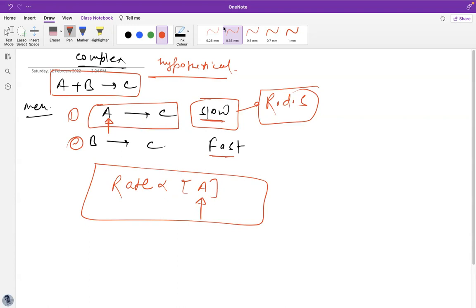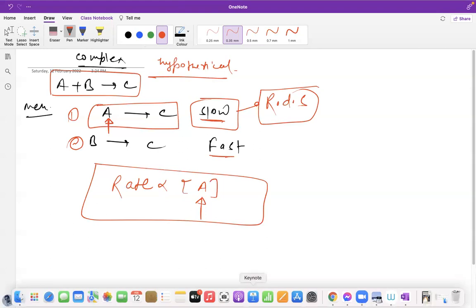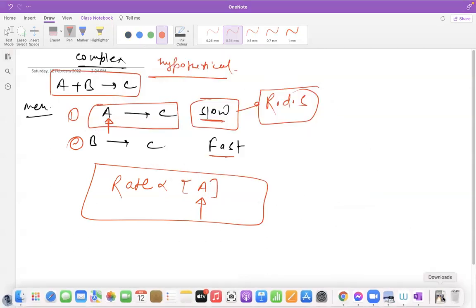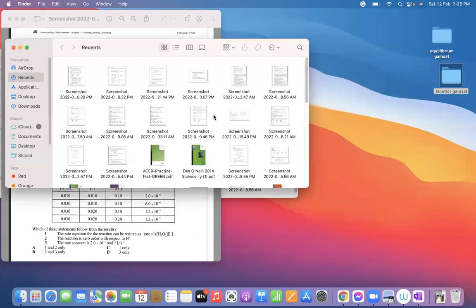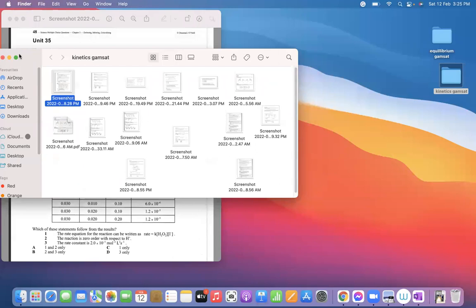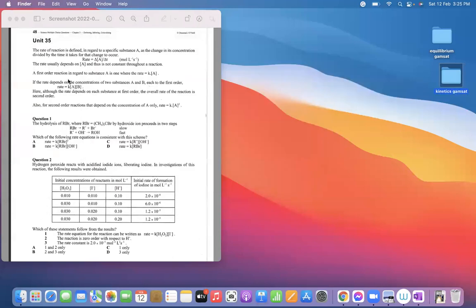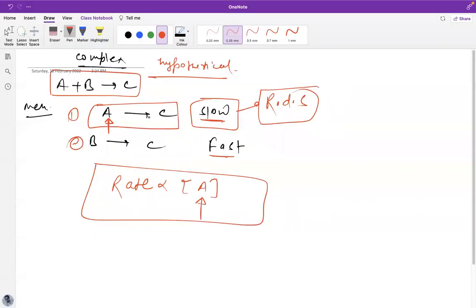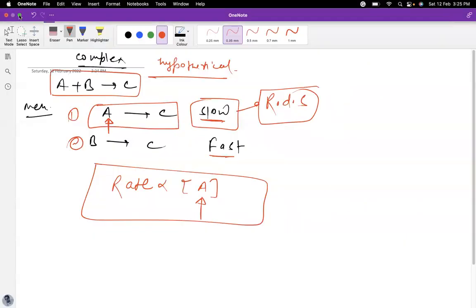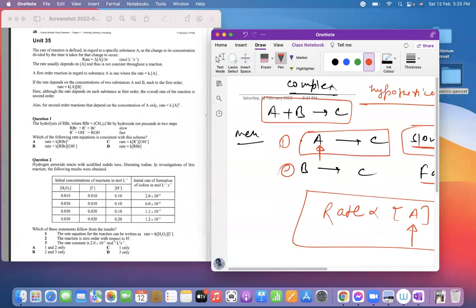And now tell me about this question. Yeah, question number 1. What will be the answer to question number 1 here?